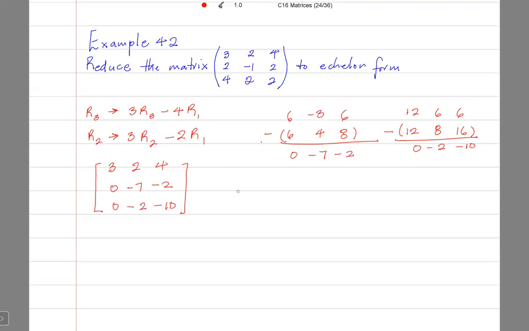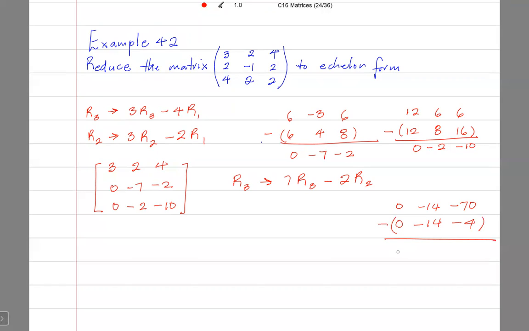So row 3 is going to become what? 7 times row 3 minus 2 times row 2. 7 times row 3 would be 7 0, 0, 7 2s are 14, 7 10s are 70. 2 times row 2 would be 0, minus 14, minus 4.